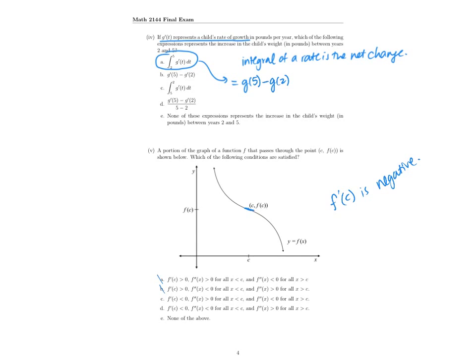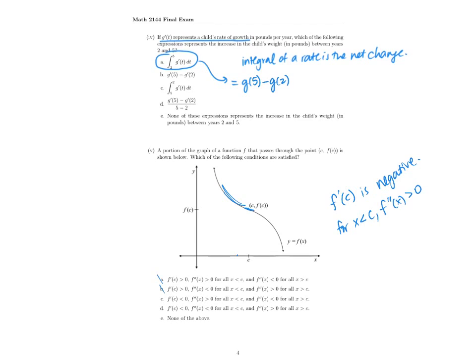And then let's look at f double prime. For x on this side of C, so for x less than C, the function is concave up. So f double prime of x is greater than 0.